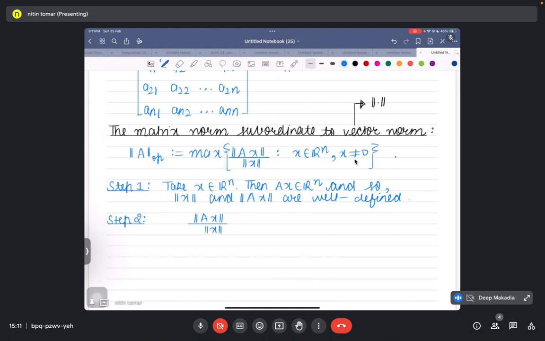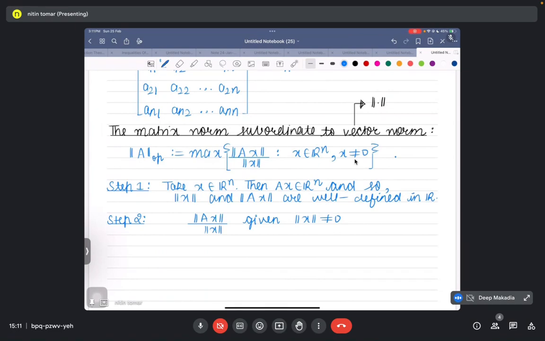And norm x is also a real number, so I should write these are well defined in R. They are real numbers, so you can divide two real numbers given the denominator is non-zero, right? So I want this norm x to be non-zero, correct?